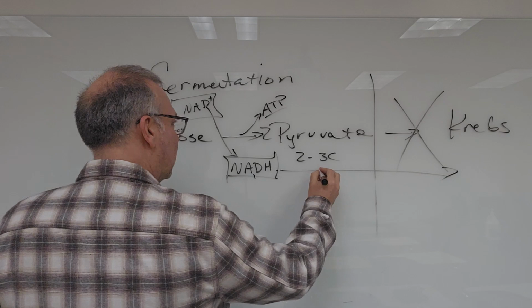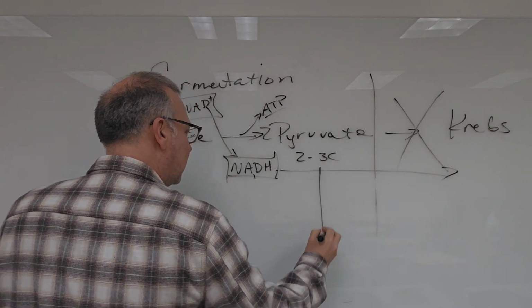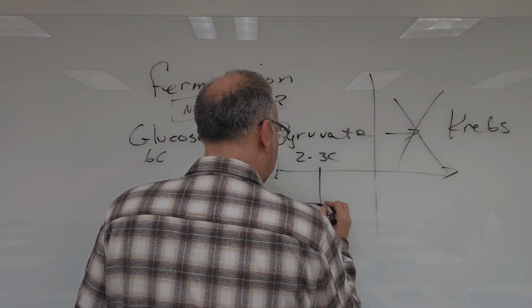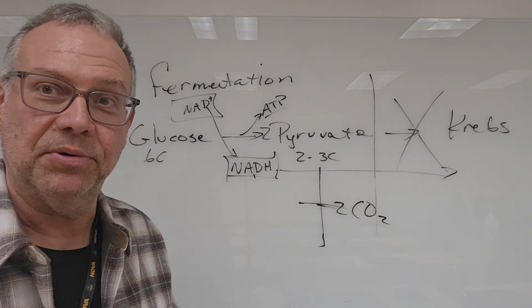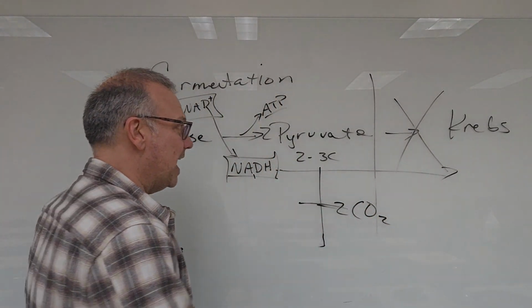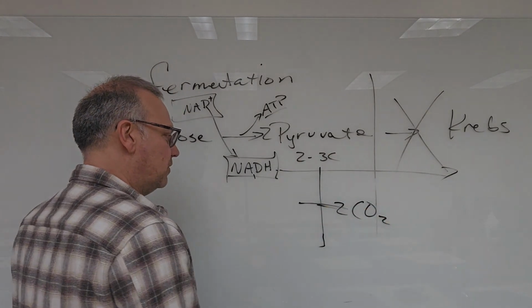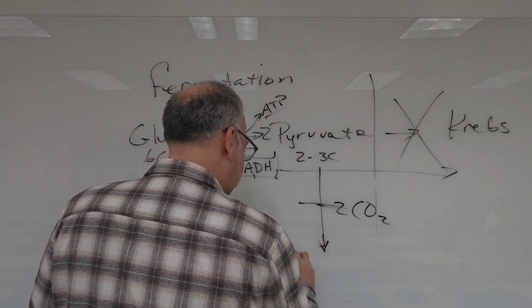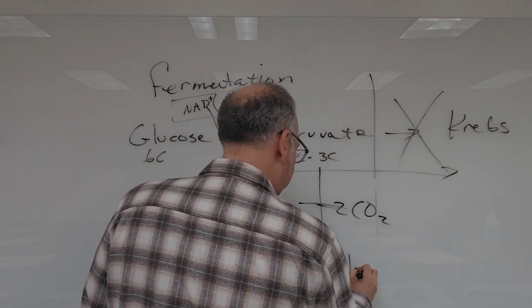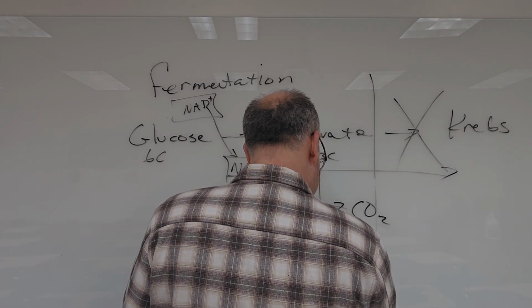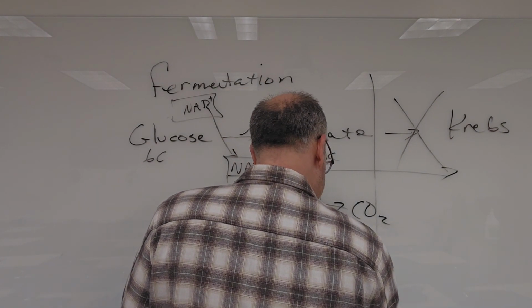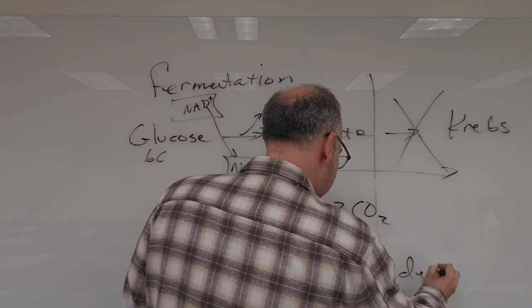So what we're going to do, we're going to take our molecule of pyruvate, and we're going to, from that, break off molecules of CO2. As we do that, because we have 2 molecules of pyruvate, we're going to get this molecule called acetaldehyde.